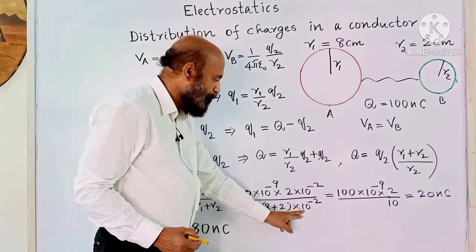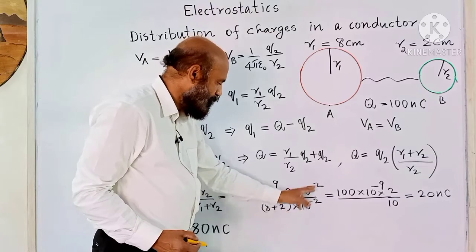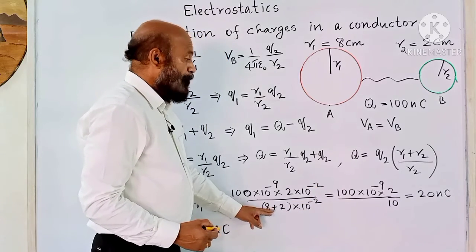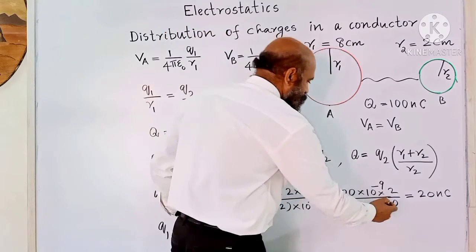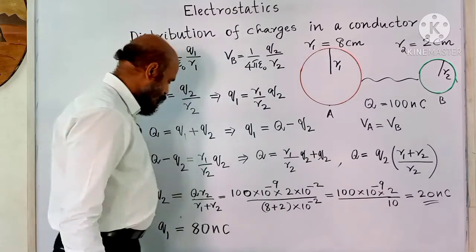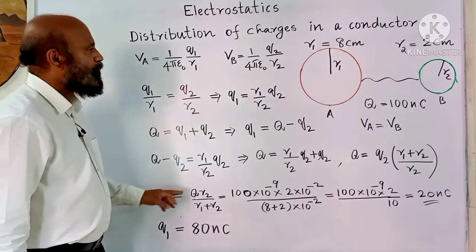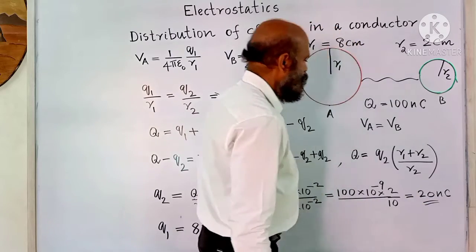To convert it into meter, multiply by 10 raised to minus 2. 10 raised to minus 2 will get cancelled, 8 plus 2, 10. So you will get 20 nanocoulomb for Q2. So charge on the second sphere is 20 nanocoulomb.